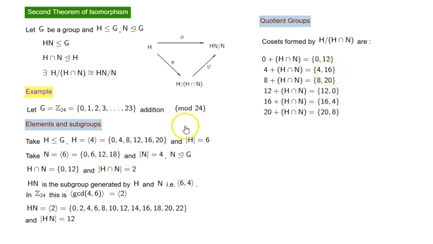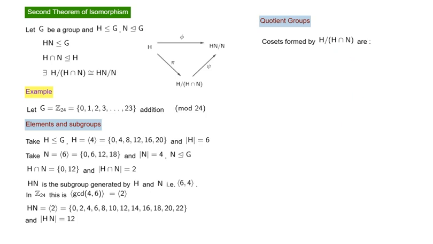If we keep repeating that for all the elements of H, we get these cosets. Now notice that {0, 12} and {12, 0} are the same in set notation. Similarly 4, 16 and 16, 4, and 8, 20 and 20, 8. So there are repetitions. The unique cosets formed by the quotient group H by H intersection N are {0, 12}, {4, 16}, and {8, 20}.